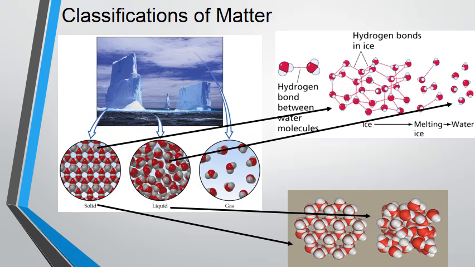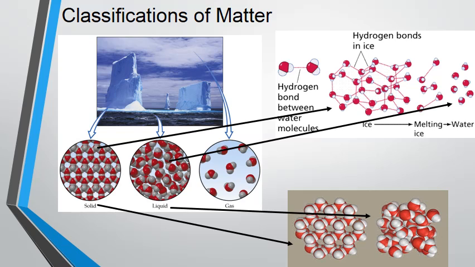And then if we go further to the left in the iceberg, those little zoom in shots, we get our solid. What's special when we get to the solid part is that we're creating some bonds between our substances. If you look at our arrow that goes from our solid over to the top right hand side where we have our picture, it talks about hydrogen bonds in ice.